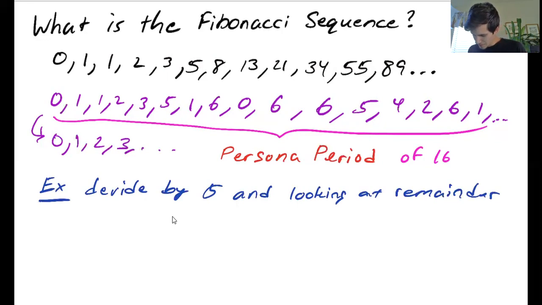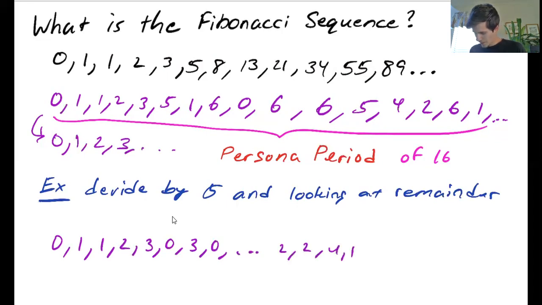That's going to end up being 0, 1, 1, 2, 3, 0, 3, 3, dot, dot, dot, then 2, 2, 4, 1, and it repeats, and that's going to actually be 20 digits. So 20 digits in that Pisano period, and 16 digits in the first Pisano period. So notice that you get a Pisano period wherever you go.